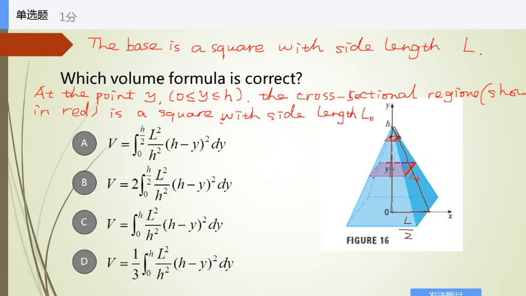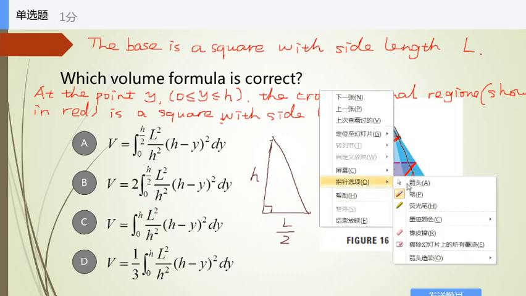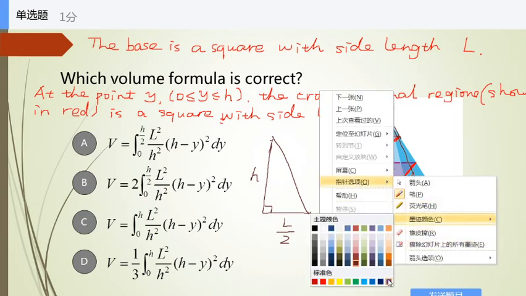And L0 is the same as this part because it's a square, right? So this is the right triangle. This part is height h, and this one is half of the side length.